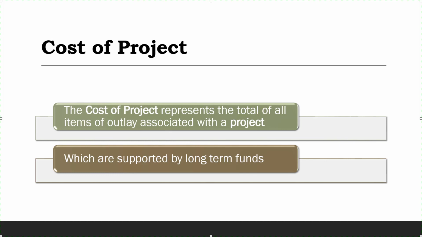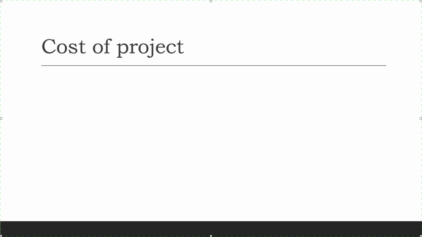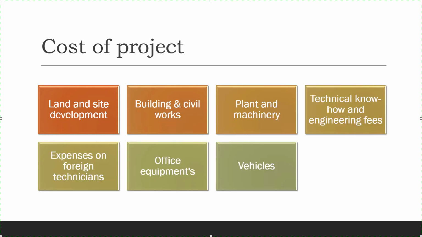So this is the cost of project and all those, okay. So what all you're going to do basically, so these are your cost of project, where all you're going to spend your money. You're going to buy land, develop the land, make a building, plant and machinery, technical know-how and engineering fees, expenses on foreign technicians who will come and put your machines, as we had bought some machines from Germany and we had to call foreign technicians for erecting those machines in our plant.